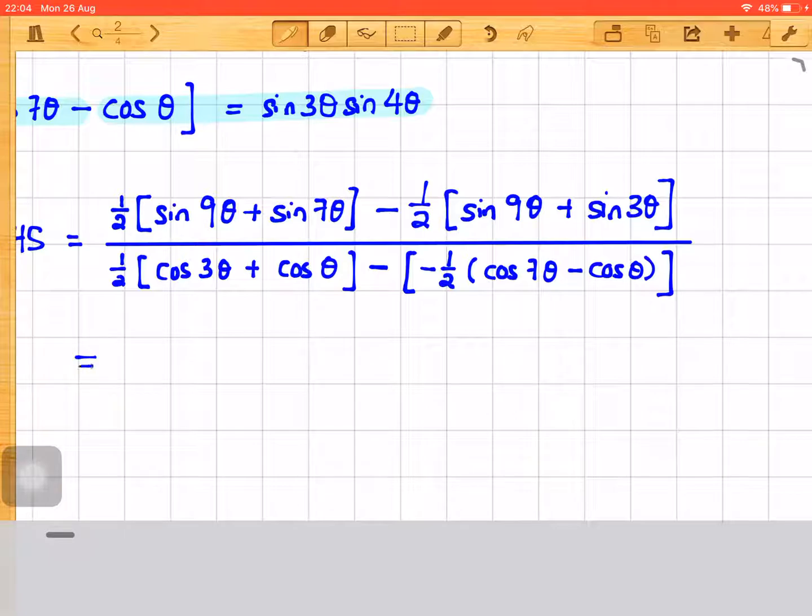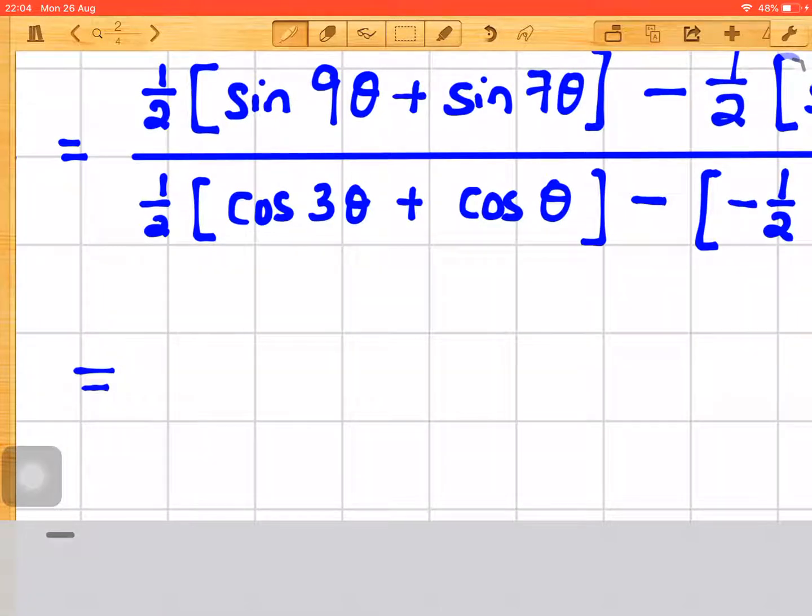You can factorize the 1 over 2 out from everywhere.